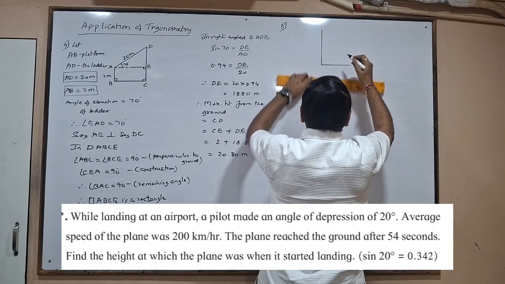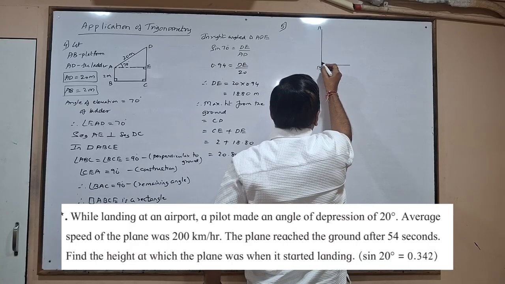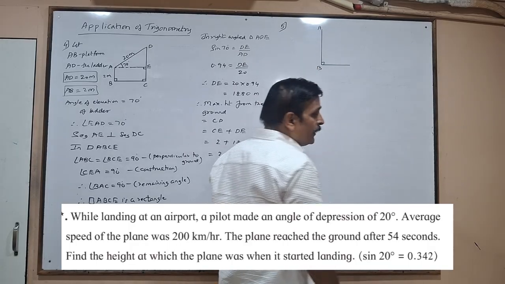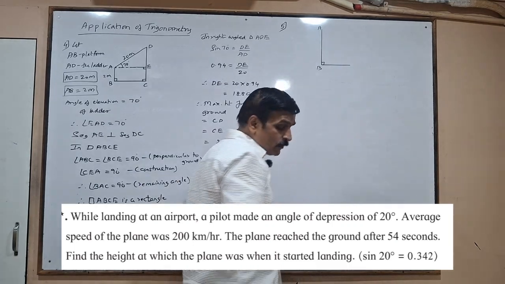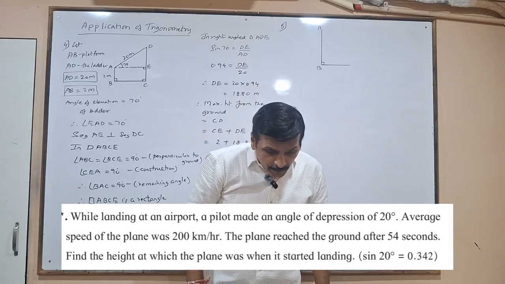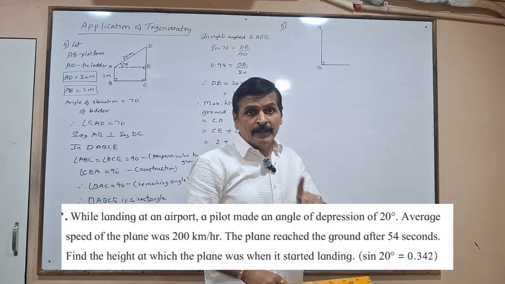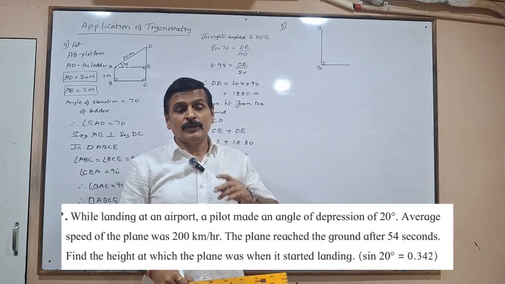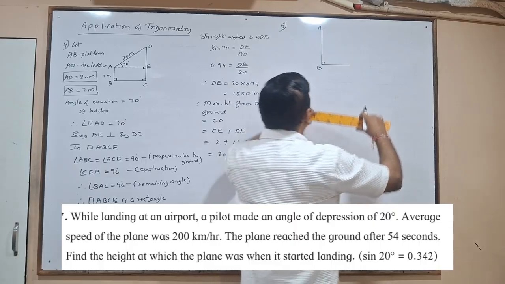height of the plane, this is the position of the plane. AB is the height of the plane from the ground. This particular plane, they say, is making an angle of depression of 20 degree. Again, angle of depression will be marked with respect to line of vision.